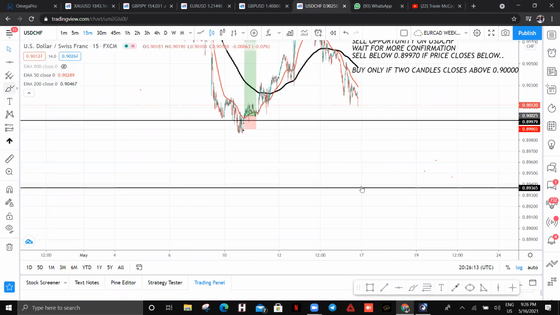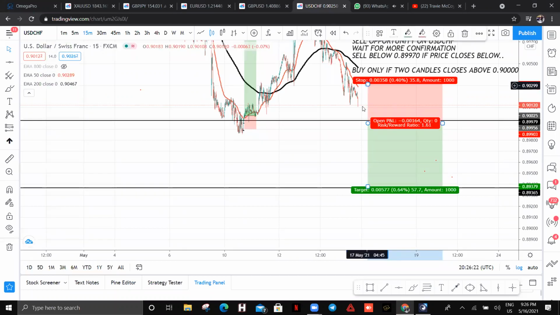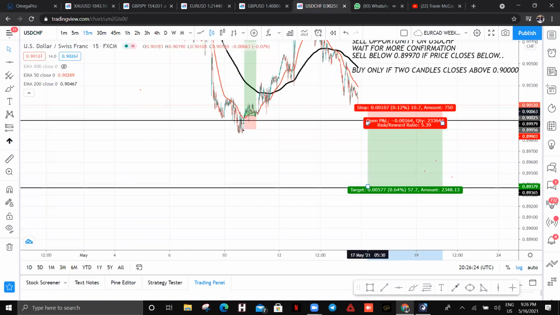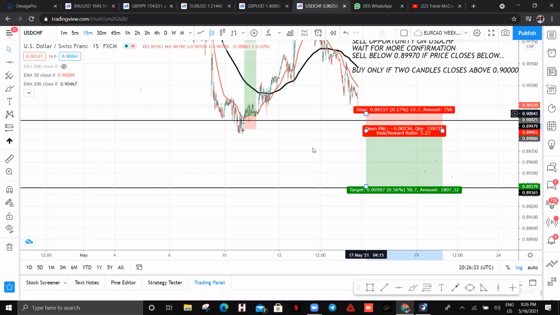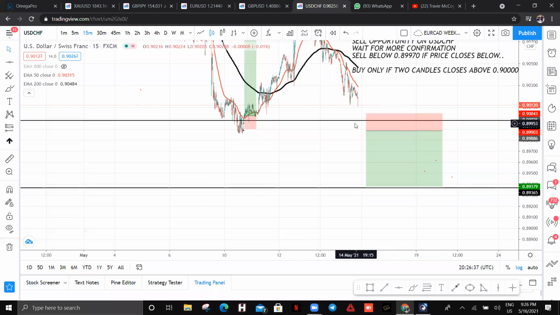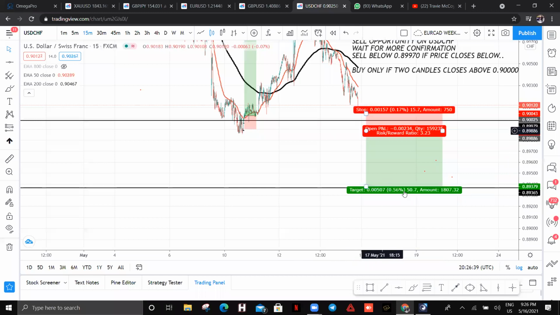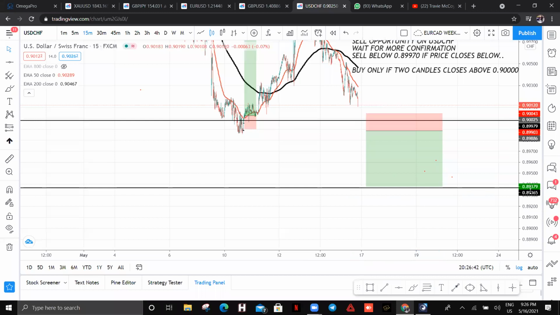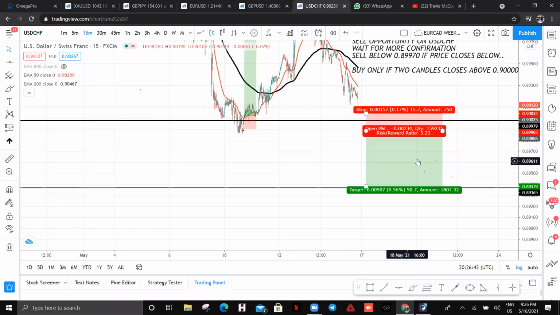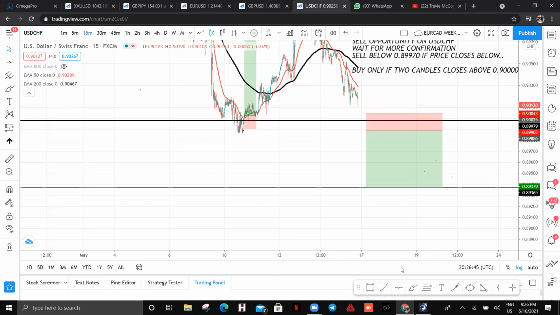Your TP will be exactly here, and your stop loss should not be over here. Your entry should be somewhere here, anything below here. So this is how it should look if price closes below our pivot level. So you enter here and you exit at 0.89379. That is it. Let me answer the question there.